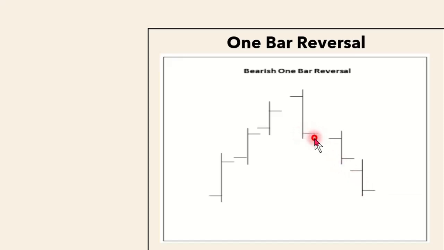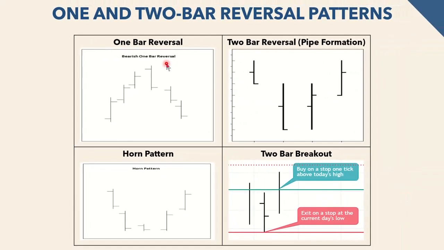Instead of close below the previous close, we can also filter it with a condition like close below the previous low or close below the previous two lows. Just a variation. It is completely negated once price exceeds its reversal peak. This is the bearish 1 bar reversal. The opposite is true for the bullish 1 bar reversal.